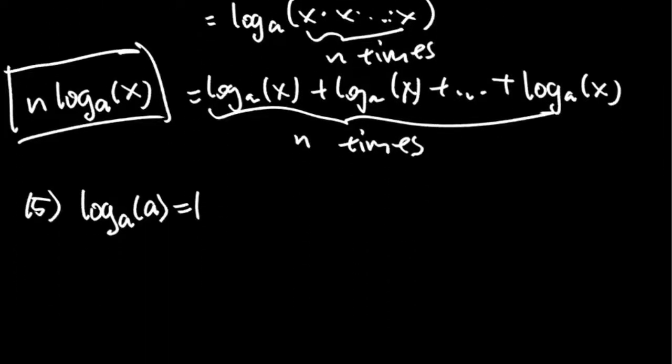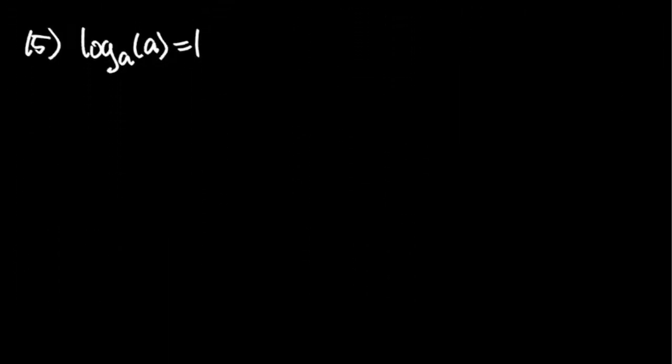Alright, so now for this one, let's actually go back up to that original number line thing that we had and kind of logic through it. Or I'm going to redraw it here so that we don't have to scroll back up there. So what this is telling us is a to the power of 1 equals a.